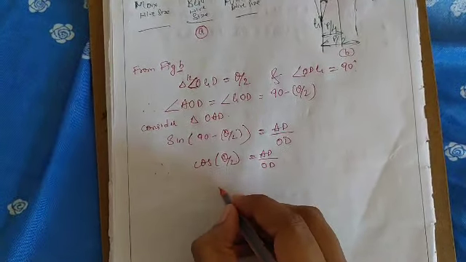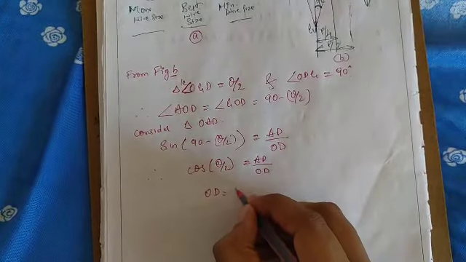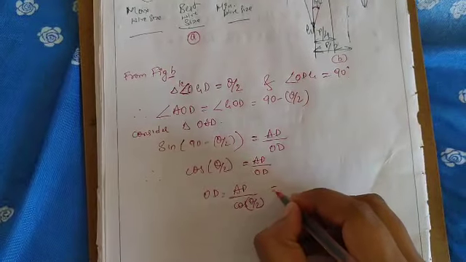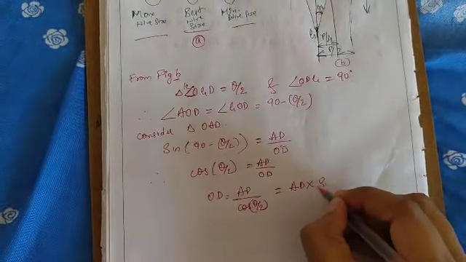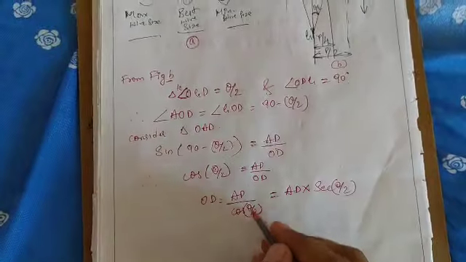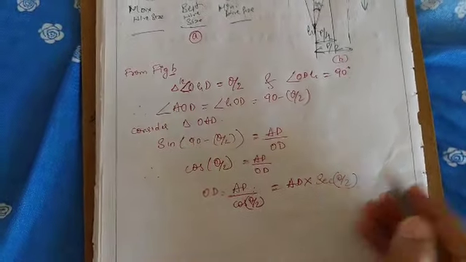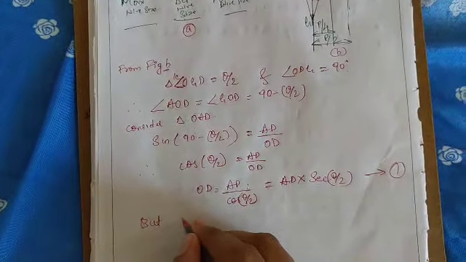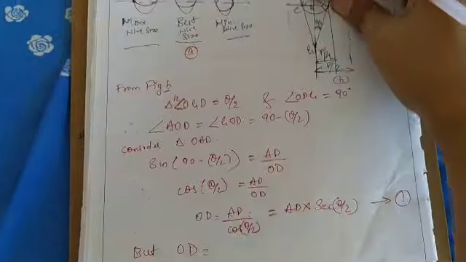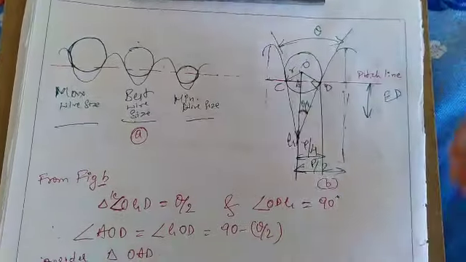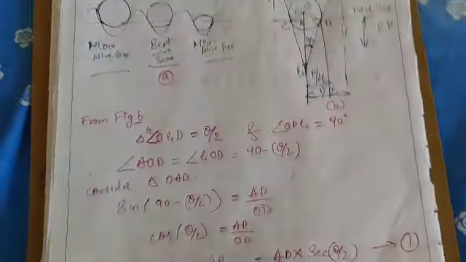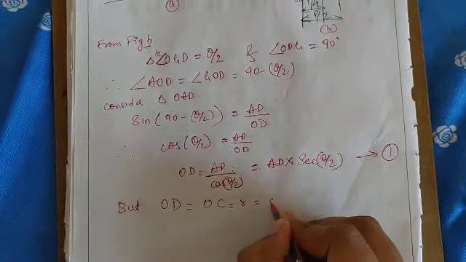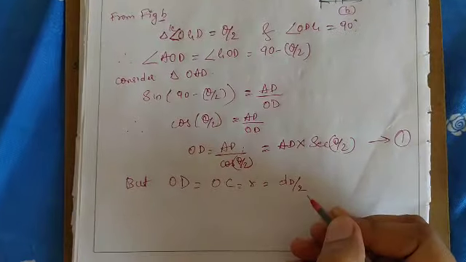In terms of OD, OD is equal to AD divided by cos theta by 2, which equals AD into secant theta by 2, since 1 by cos is secant. Call this equation number 1. The condition is that OD in the figure is equal to OC, which is small r, that is the diameter divided by 2. So r is equal to D by 2.